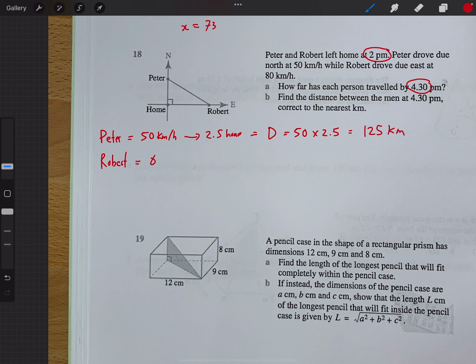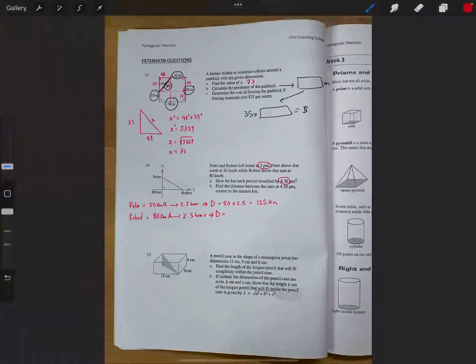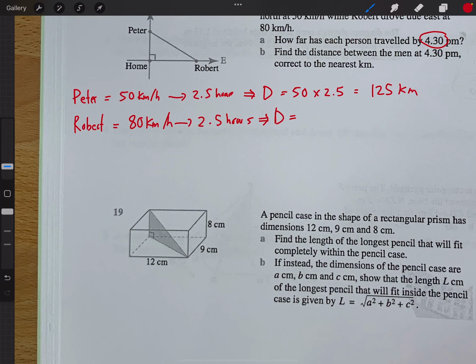Robert drove at 80 kilometers an hour and also drove for 2.5 hours. So the distance is equal to 80 times 2.5, and that will give you 200 kilometers. By the way, that's an arrow, I just didn't draw it correctly.